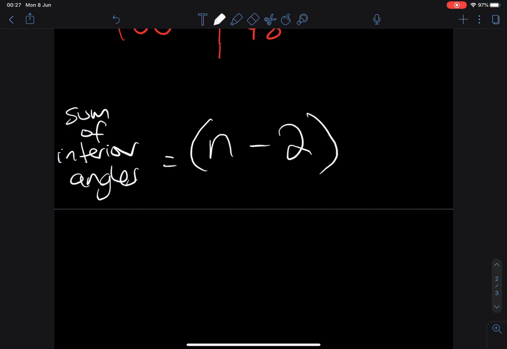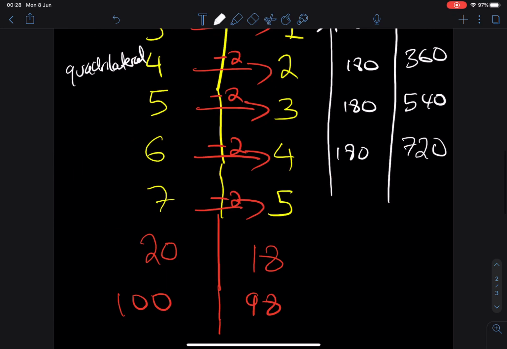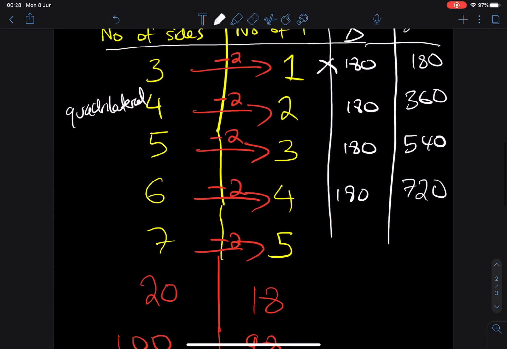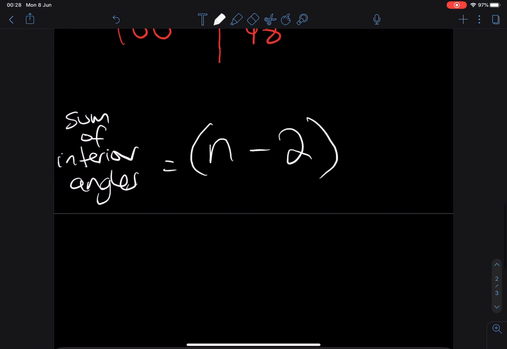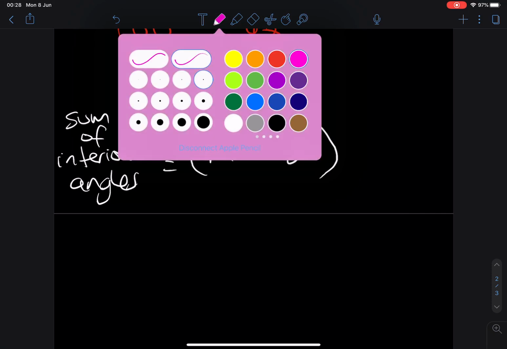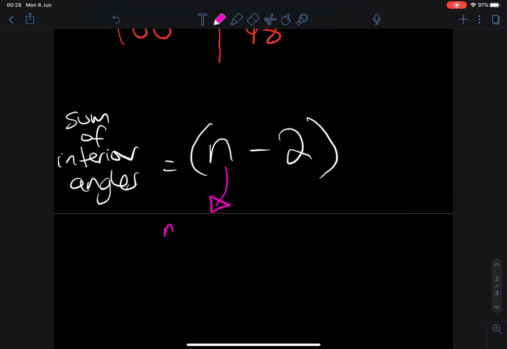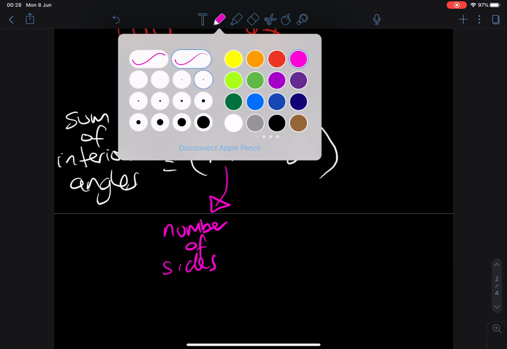Where did n come from? What do you think n is? For a 5-sided shape, I can fit 3 triangles. What did I do? I took away 2. So n is the number of sides.